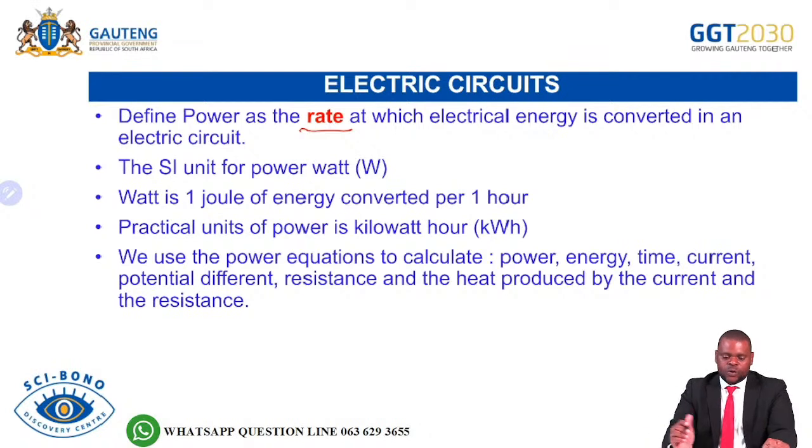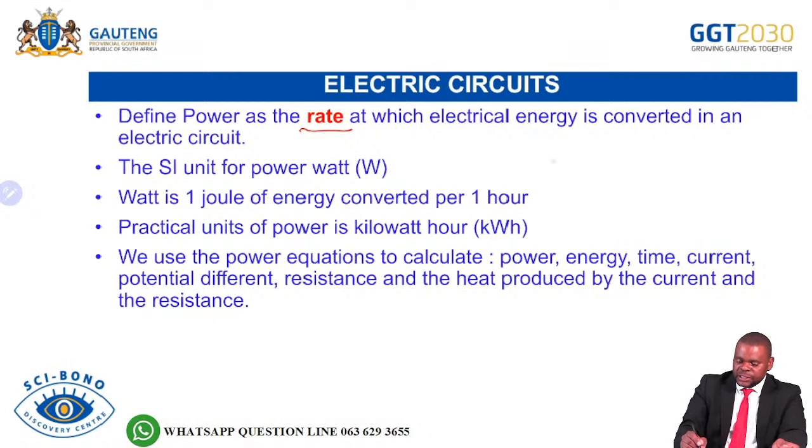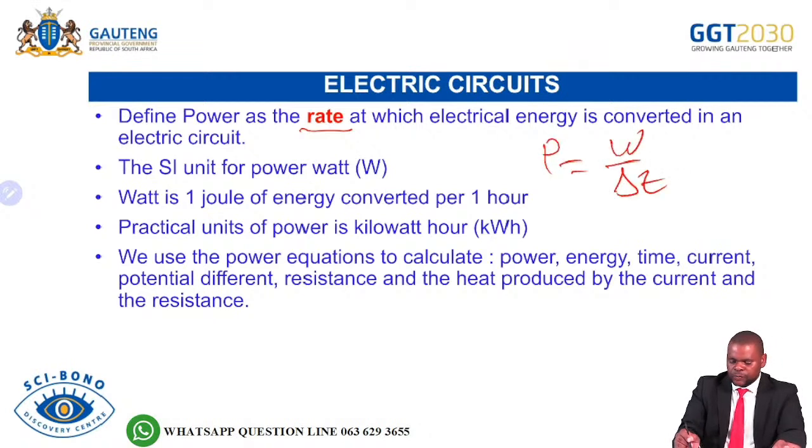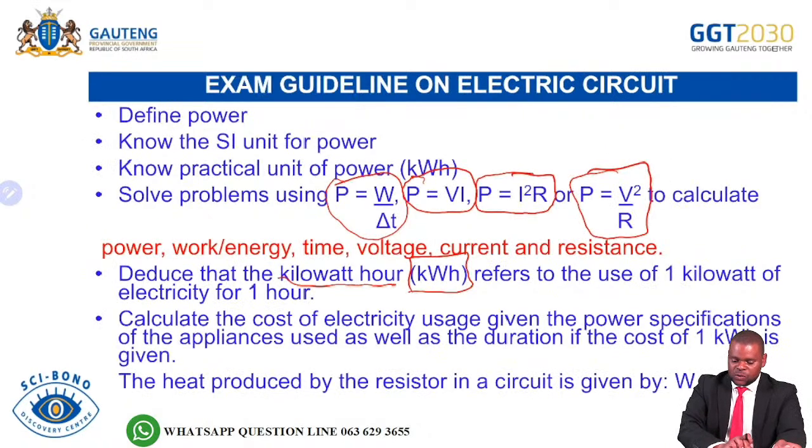And then, what does it mean when you say power is the rate at which electrical energy is converted in an electric circuit? The rate, can you see this? Let's look at this formula here. Or I can just go back a little bit. Can you see this formula here?